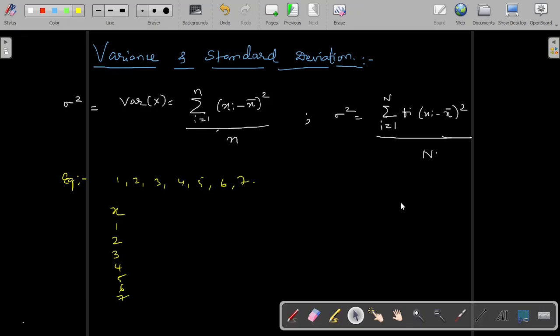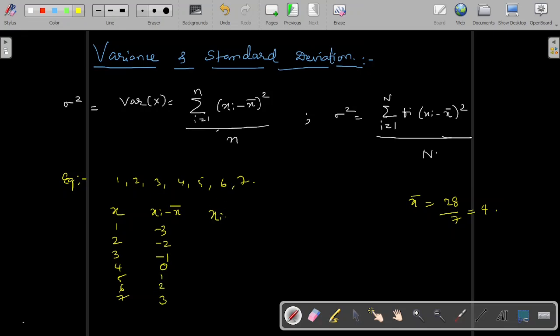Then we need the mean. Mean is x bar equal to sum of all these observations divided by number of observations, 28 by 7, which is equal to 4. So now I need xi minus x bar. So that is 1 minus 4 is minus 3, 2 minus 4 is minus 2, 3 minus 4 is minus 1, 4 minus 4 is 0, 1, 2, 3.